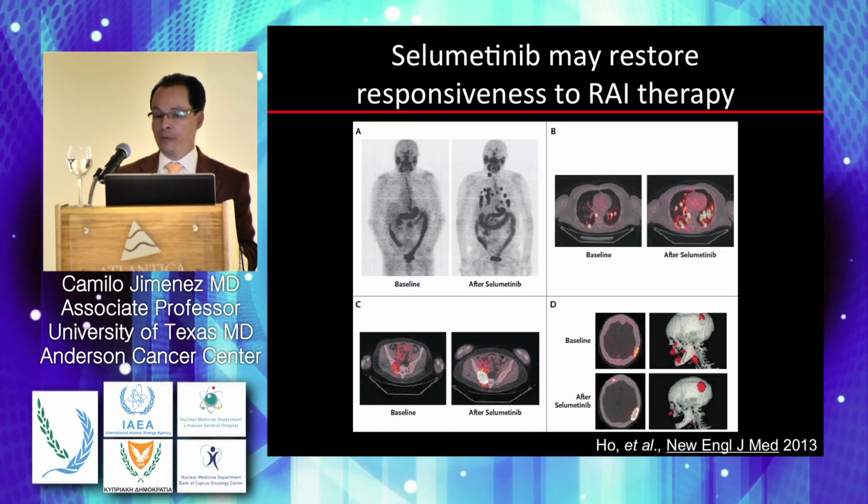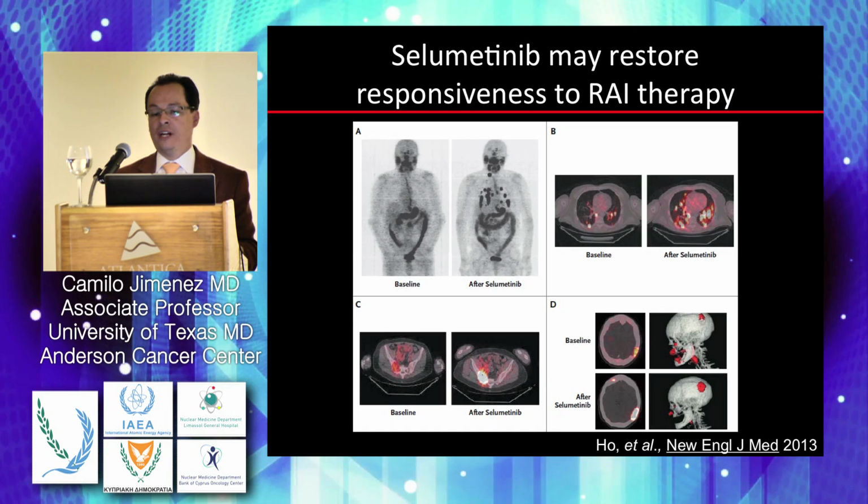The patient had lung metastases, and you don't see anything in the lungs. The patient was treated with Selumetinib, and after some time of therapy with Selumetinib, you can see the increase of iodine uptake in that particular scan. They did an iodine PET scan, and you can see that there was some uptake here, and the uptake markedly improved after Selumetinib. You can see that in the lungs.